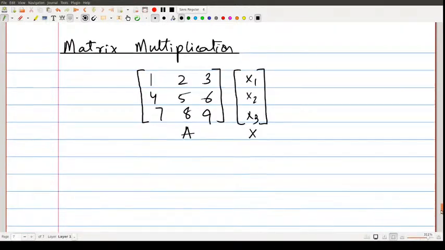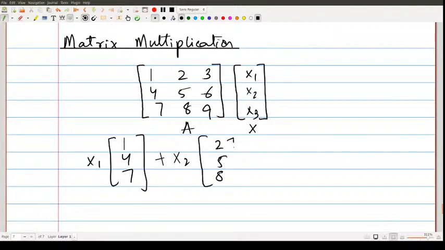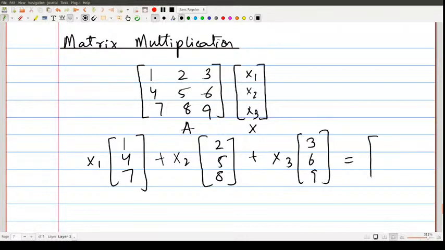One way of viewing this matrix vector multiplication is to say that it is x1 times (1, 4, 7) plus x2 times (2, 5, 8) plus x3 times (3, 6, 9). So that gives you a column vector, let's say b1 b2 b3. That's one way of viewing A times x.